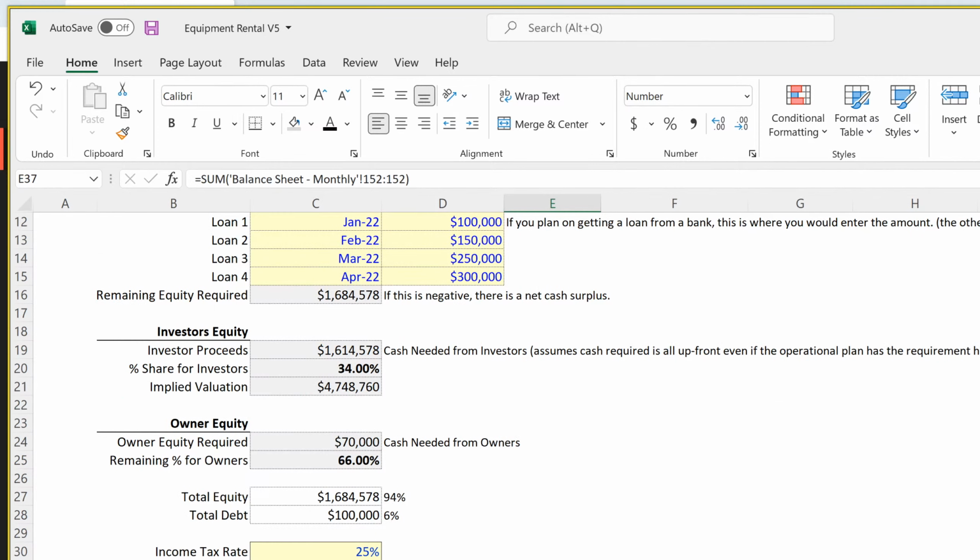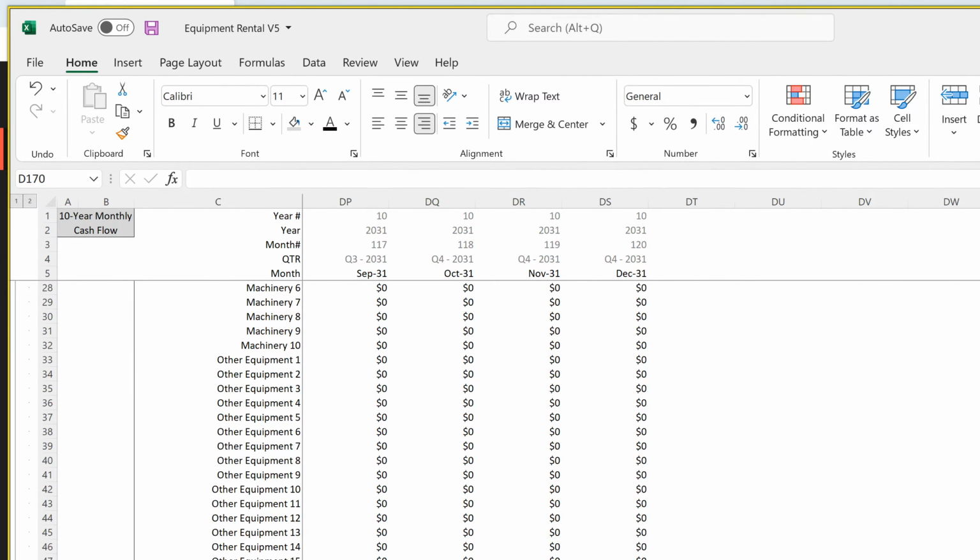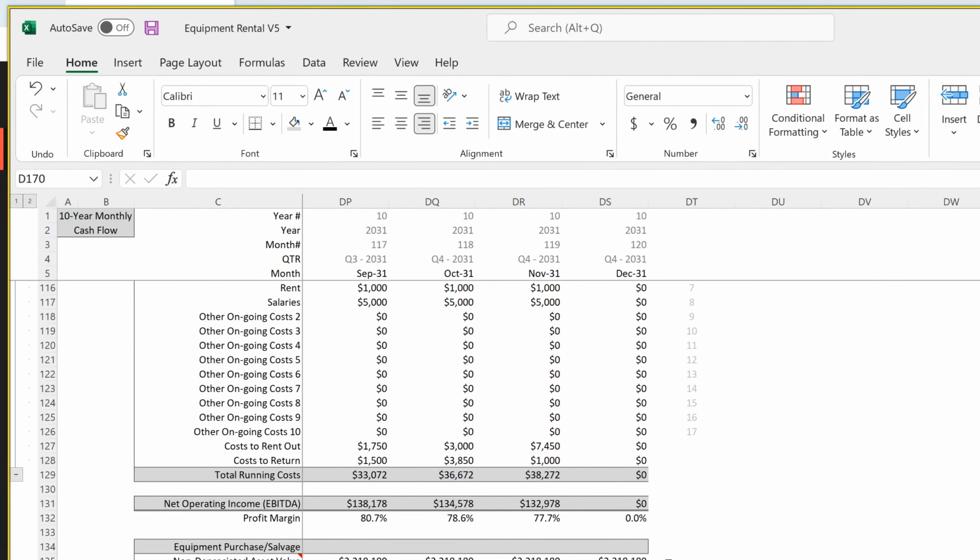Well, let's see what else is off. So our cash flow on the monthly doesn't match either, but that's a different variance, 478. Let's see what that might be.